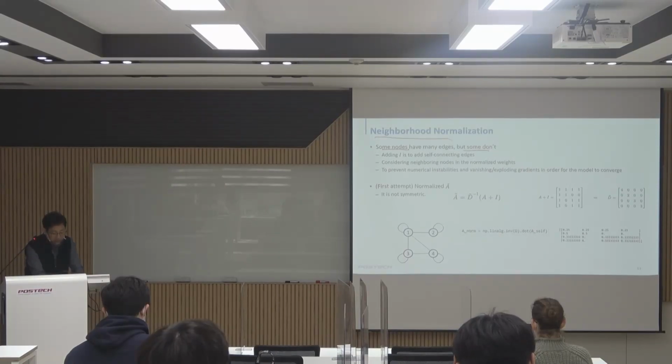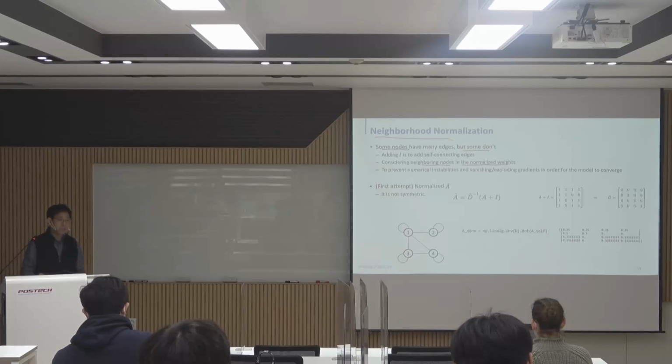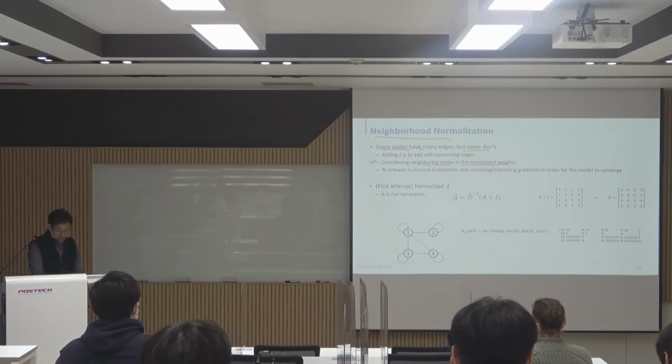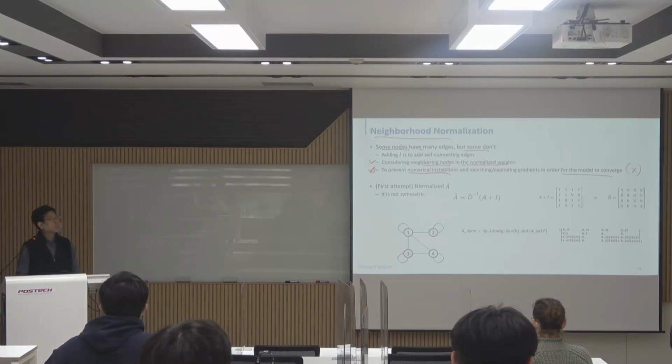So we consider neighboring nodes with a normalized weight. We want to normalize because some nodes have many edges and some have a small number. Another issue is numerical instability and vanishing gradients, for the models to converge, but at this moment you don't have to worry about it.